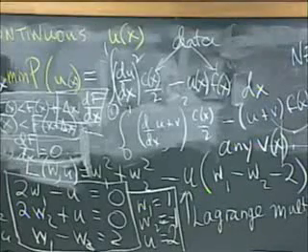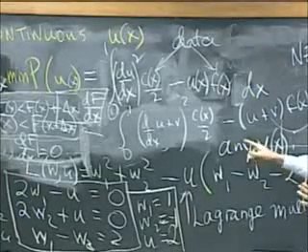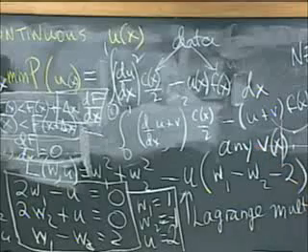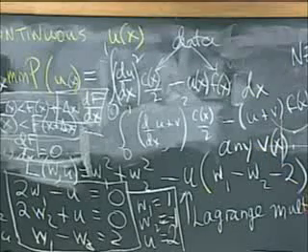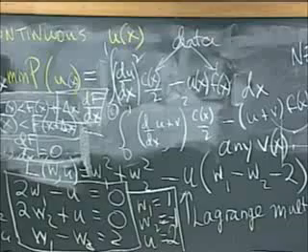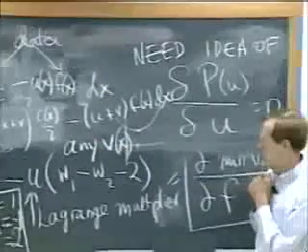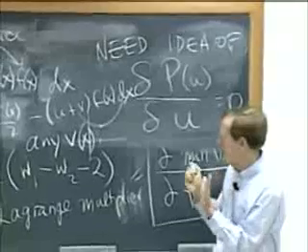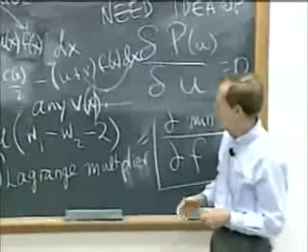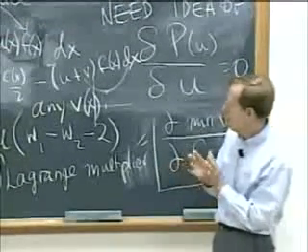I've carried this beyond the hour, but I'll stop here and pick it up in the second lecture, and then go on to the finite element method, which illustrates this in a nice way. But do you see where I am?